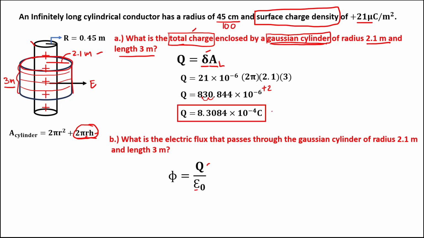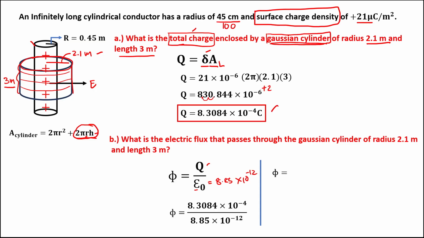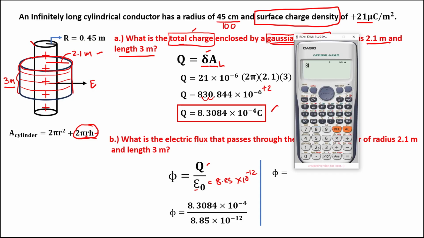Since we have the total charge, that's 8.3084 times 10 to the power negative 4. And for epsilon sub naught, we have the standard value, that's 8.85 times 10 to the power negative 12.